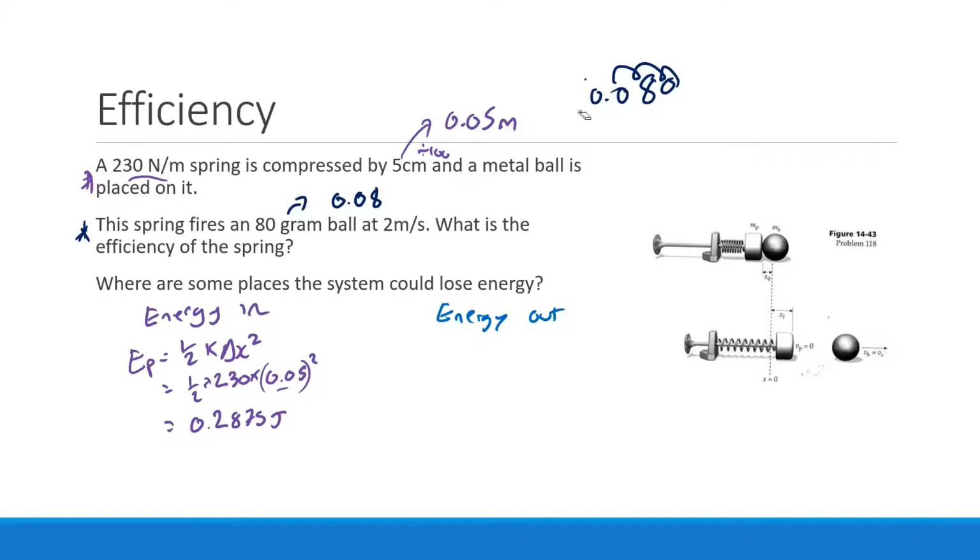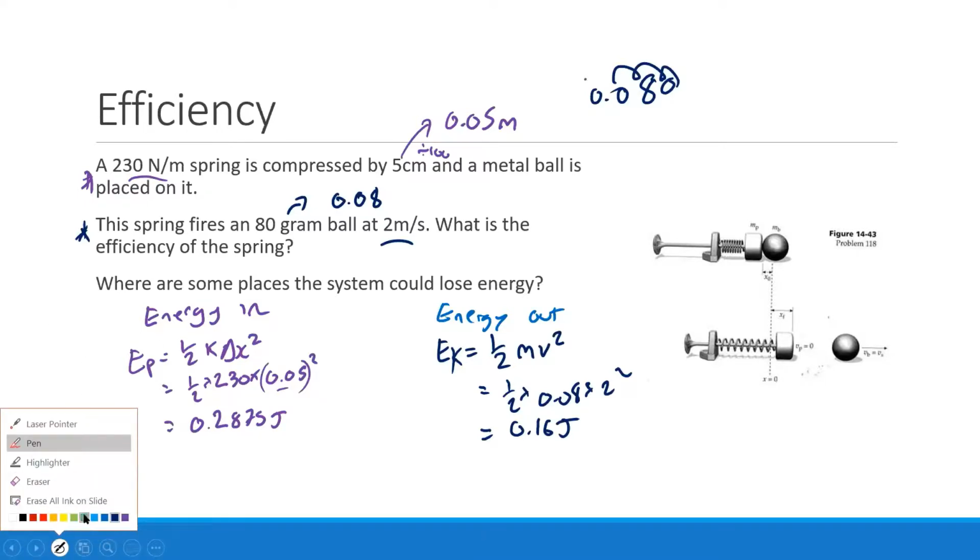But anyway, so the kinetic energy out is going to be equal to half mv squared, which is going to be a half times 0.08 times 2 squared. 2 comes from here, by the way, if you're wondering where that is coming from. Equals 0.16 joules. Cool.